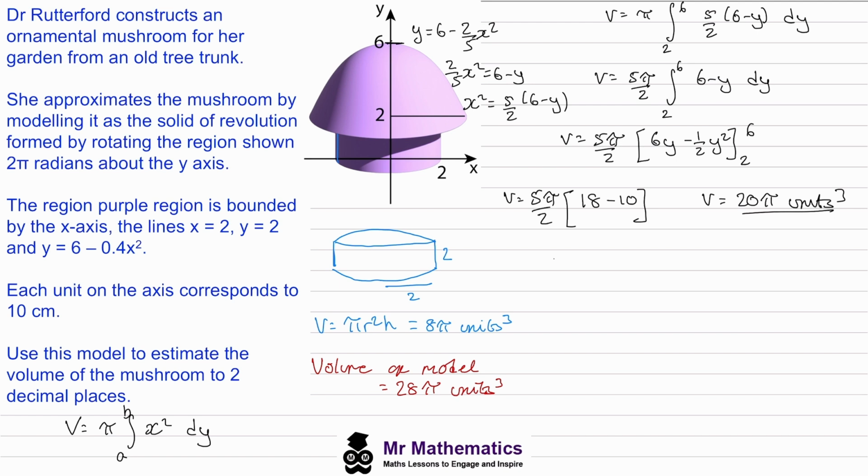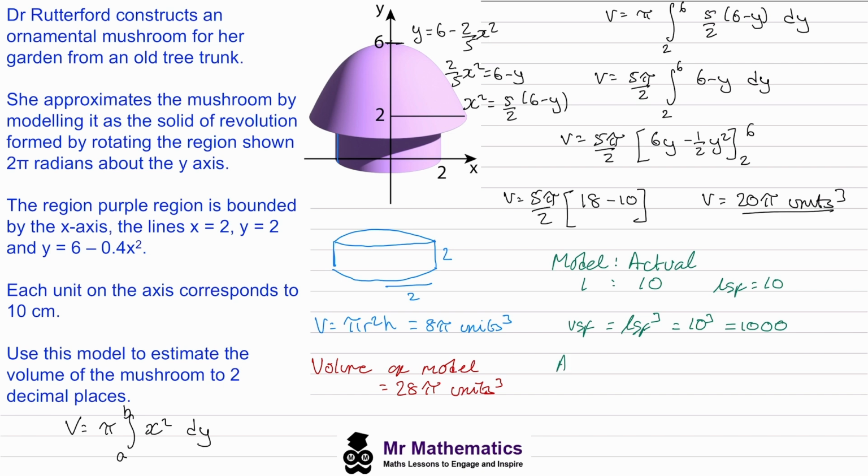So we can write the ratio of the model to the actual as 1 to 10. This gives us a length scale factor of 10. What we need is the volume scale factor because we're dealing with volume. We know that the volume scale factor is the length scale factor cubed. This will be 10 cubed or 1000.